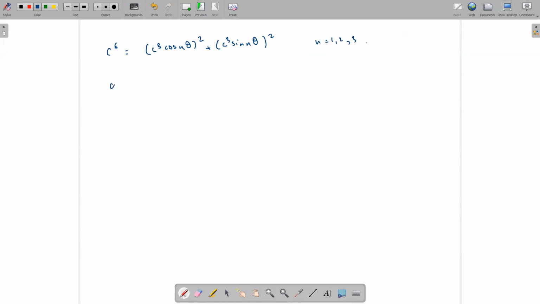What is cos theta? What is sin theta? You guys can write cos n theta and sin n theta. You can find values for those, right?